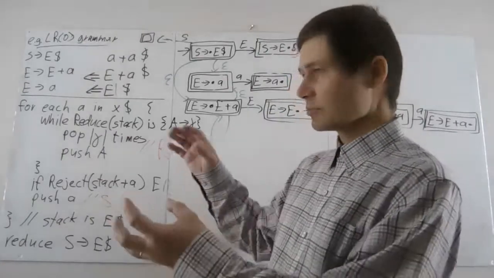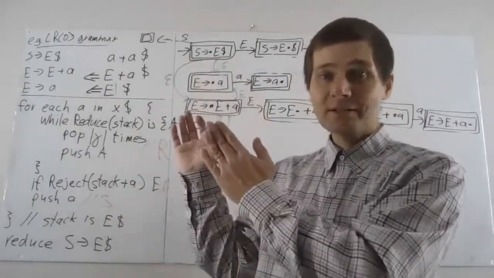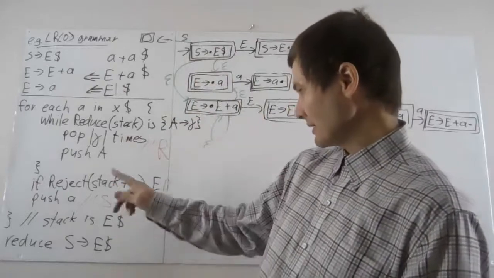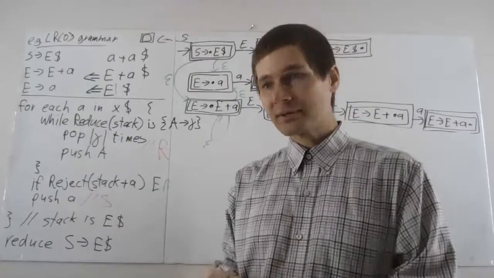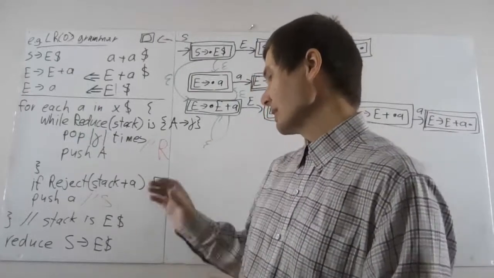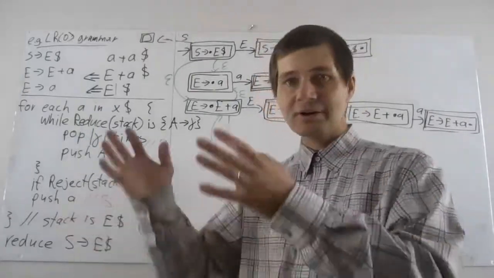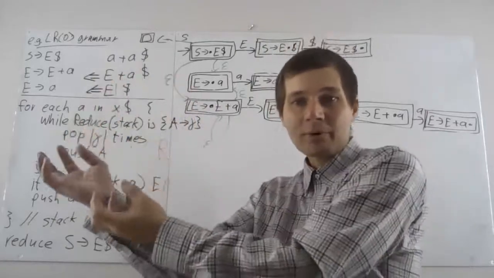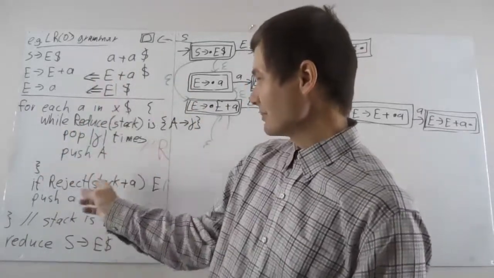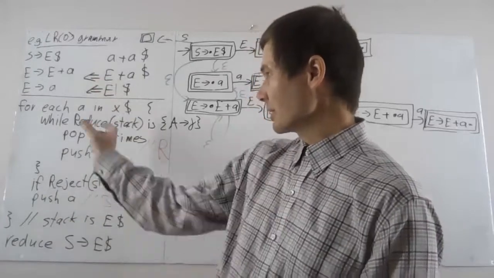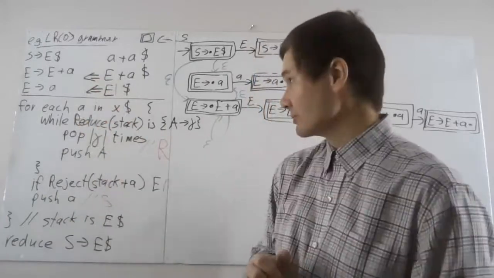And shifting is where you take a symbol a from the rest of the input, and you push it onto the stack. So now it is no longer part of the rest of the input, but it's on the stack, so that in the next iteration of the outer loop, we can try to use it to reduce.